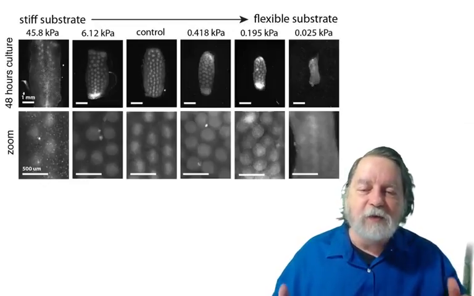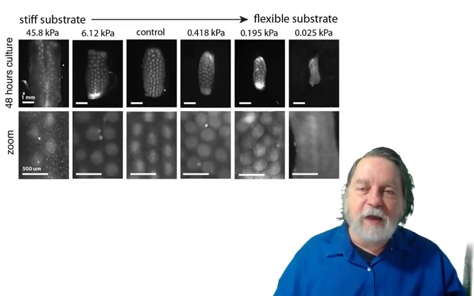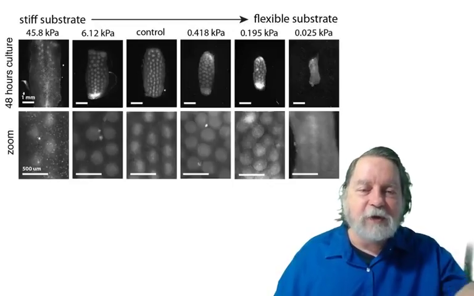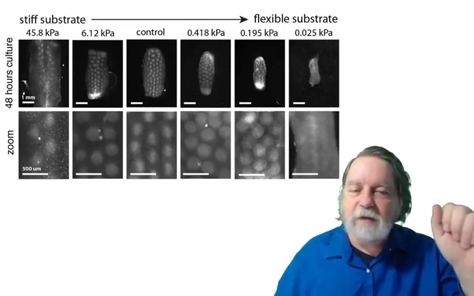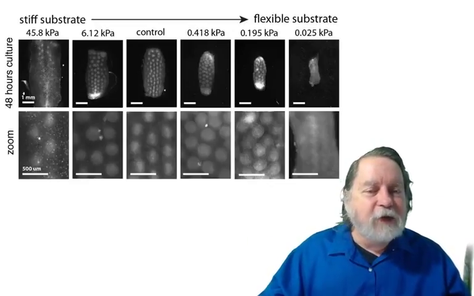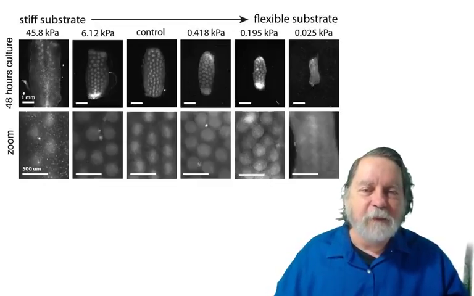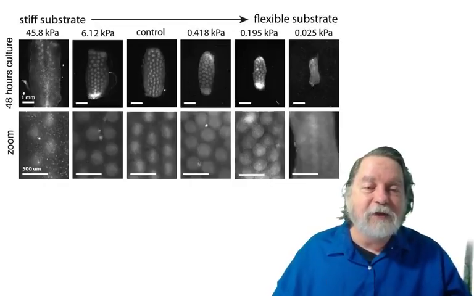And the cool thing is when you do this experiment, what you find is that, yeah, on the gooey substrate, same thing as floating, you don't get feather follicles. On the really stiff substrate, similarly, there's a problem with forming feather follicles. On the intermediate substrates, you get different densities of follicles.